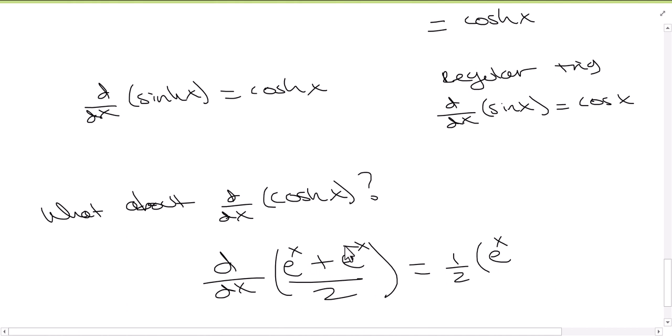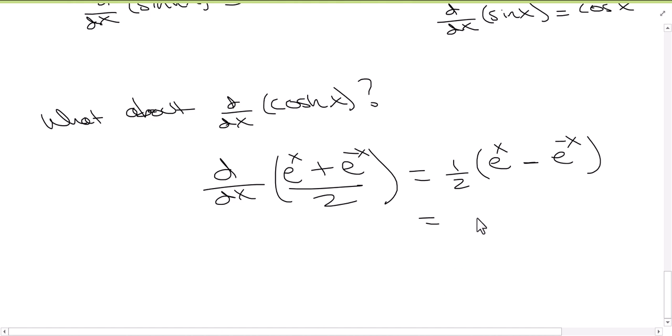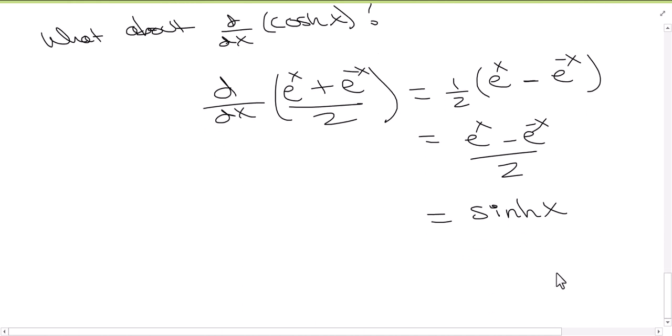The derivative of e to the minus x is going to be e to the minus x times the derivative of negative x, which is a -1. So that's going to become minus, which is just really e to the x minus e to the negative x over 2, which we know as hyperbolic sinh x.